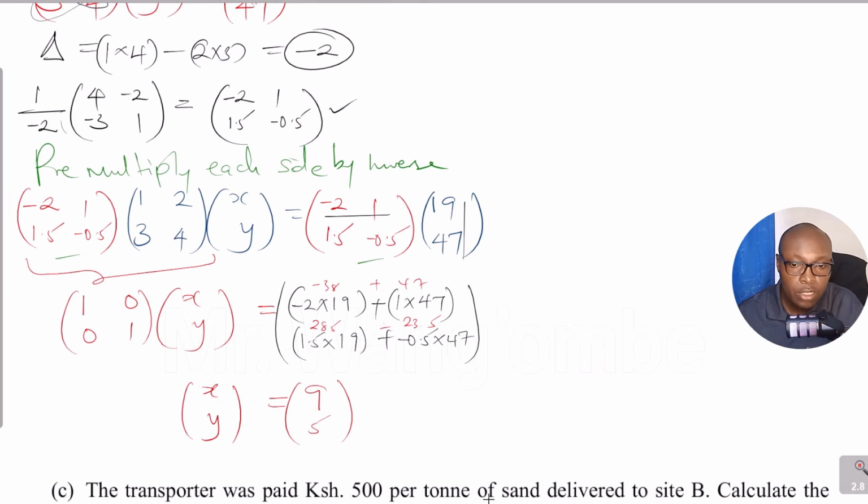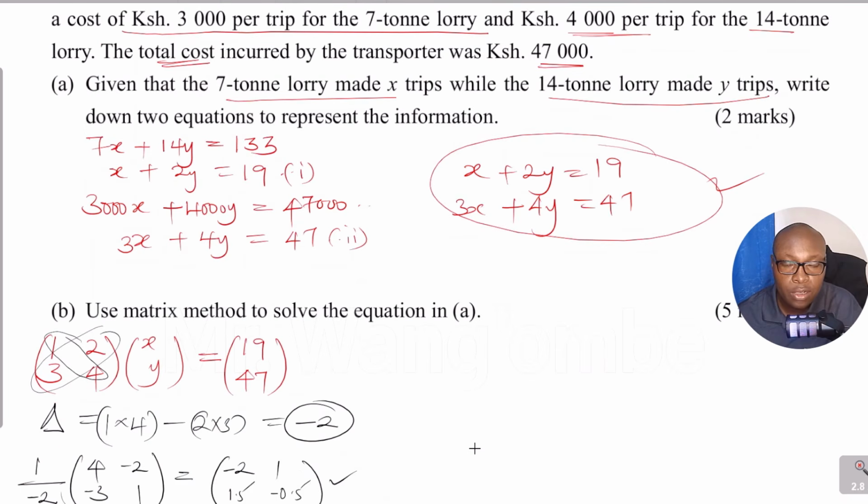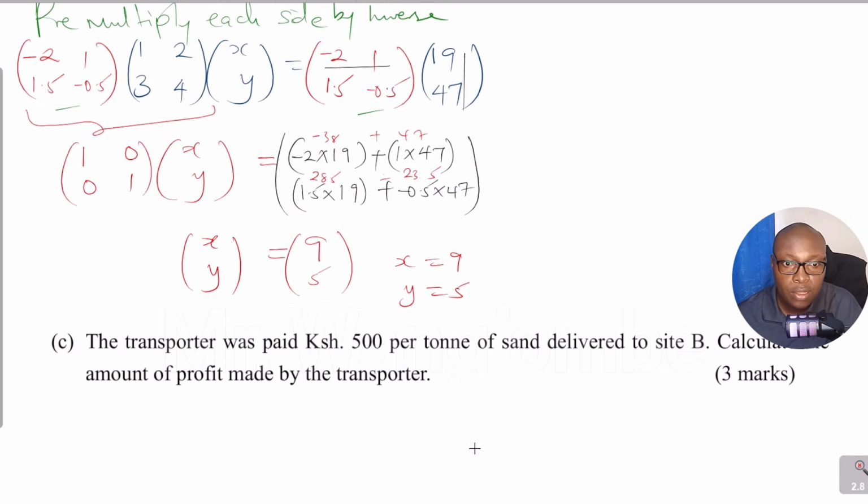So you've solved that. So x is equal to 9 and y is equal to 5. So these are the number of trips. So x number of trips for the 7-ton lorry, those are 9 trips, and then you have 5 trips. So that is how you're supposed to perform that.